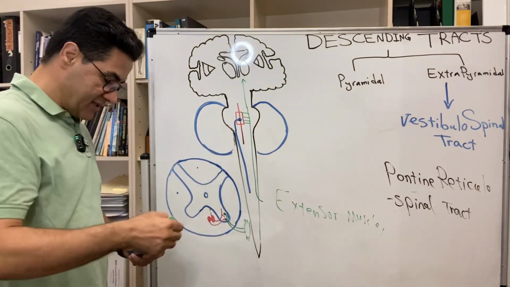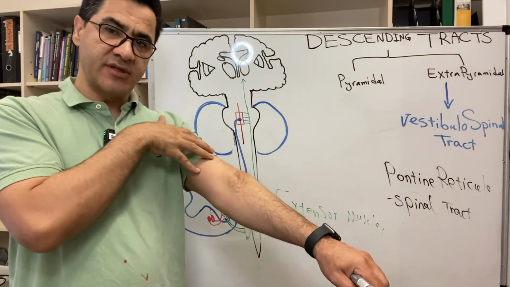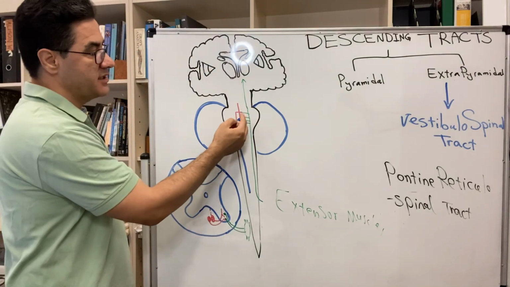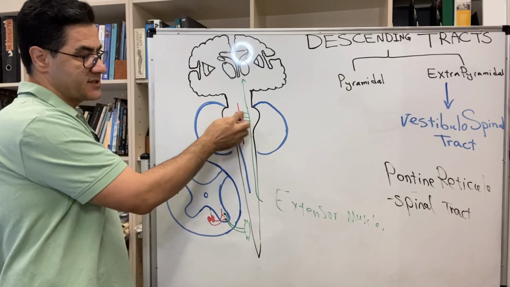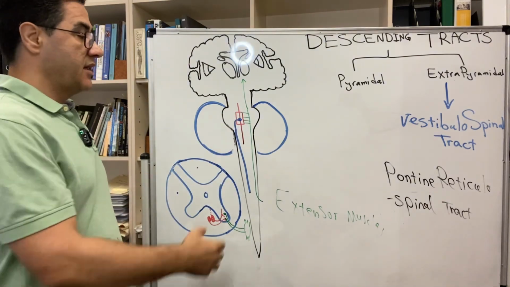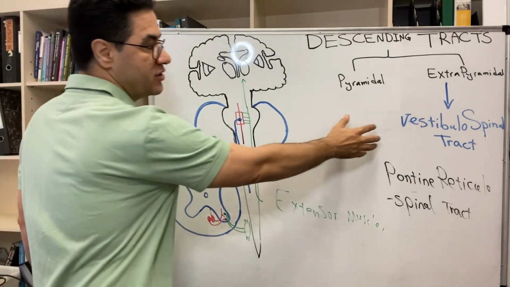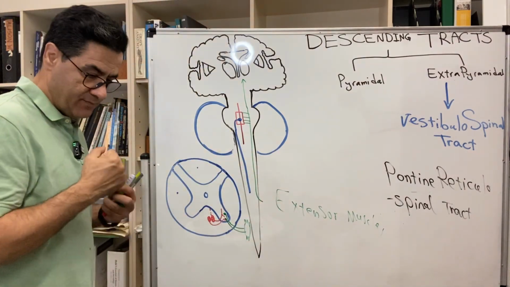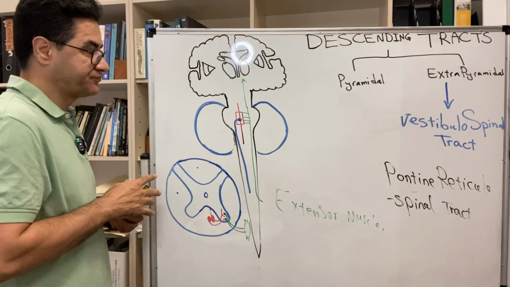So ascending tracts carrying the sensory information from the skin, from the joints, muscles, etc. So they give off some information from the environment to this pontine reticular formation, and they ask the pontine reticular formation to join the vestibulospinal tract to stimulate the extensor muscle to make the balance.